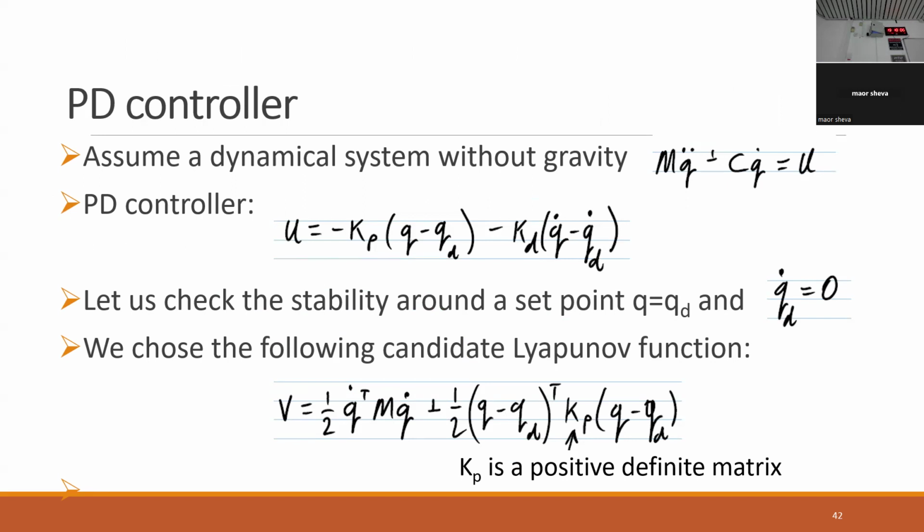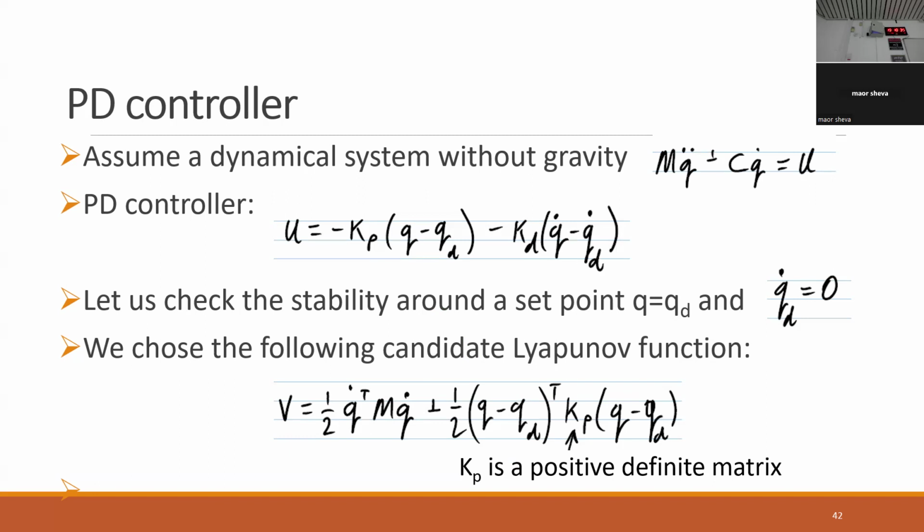We'll talk about gravity later. So M Q double dot plus C Q dot equals U. And we have a proportional and differential controller such that U has the term minus Kp times the error minus Kd times the error dot.